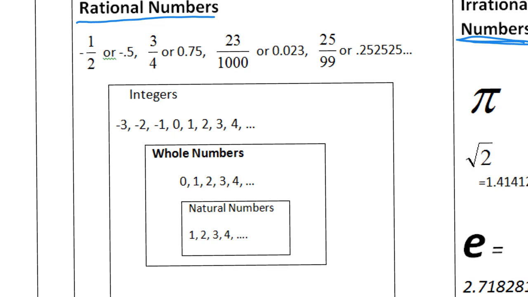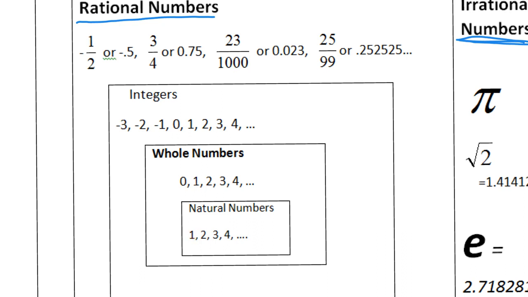Notice that the numbers start from 1 and go all the way to positive infinity. Those are called natural numbers. You will see whole numbers on the second rectangle. Natural numbers are not decimals, they're not fractions, and they are positive numbers that start at 1.